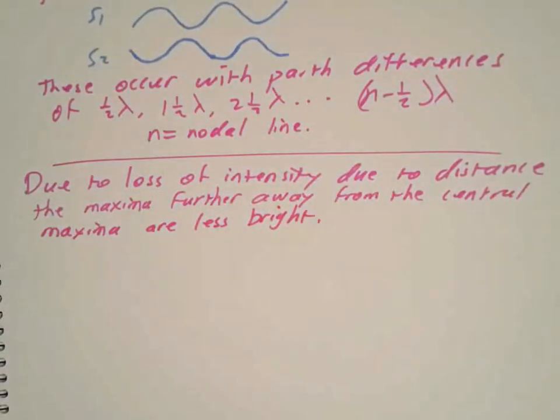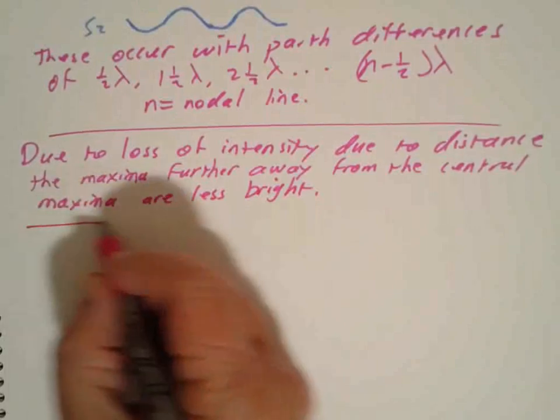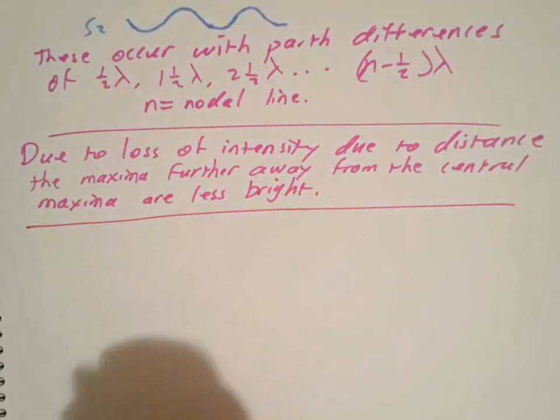So the ones away from the centre are less bright, and that's just due to distance. There's nothing special about it. You're further away from something, it's less bright.